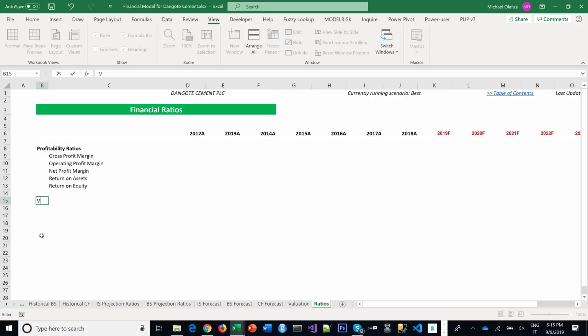There is also valuation ratios. So here you have price to earning, price to book value.